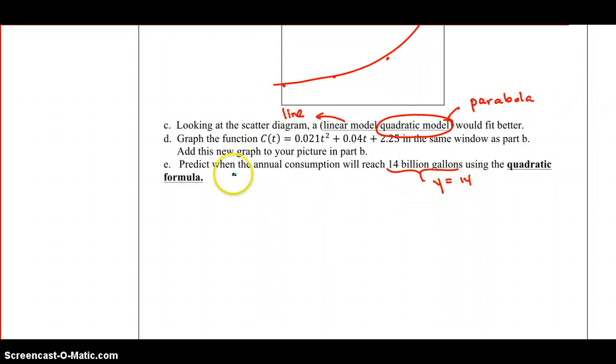And we want to know when, so that means x, or in this case t, is what's in question. So we want to know when this 0.021 t squared, or x squared, plus 0.04x plus 2.25 is going to reach 14.